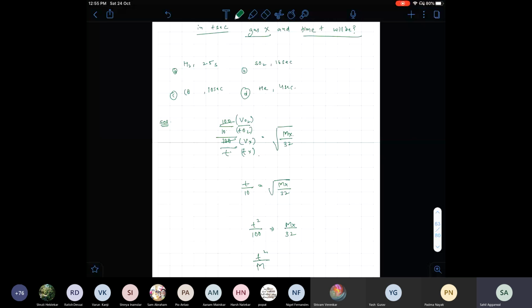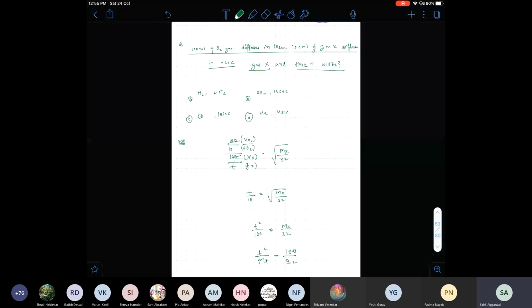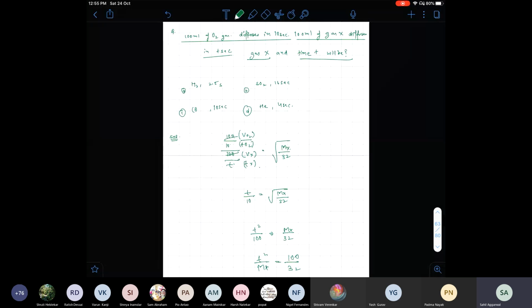T square upon mx equals to 100 by 32. To aapko ye values rakh ke check karna padega. That is why this question is slightly different. You have to put values and you have to check. Luckily ye first wala hi answer aa jata hai. Otherwise you have to check.